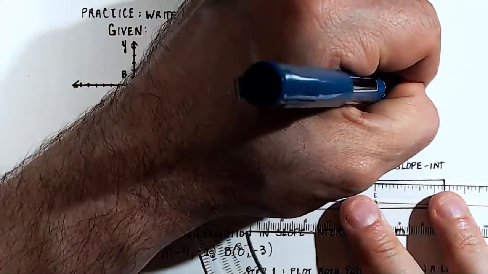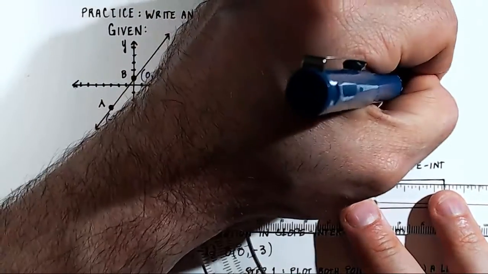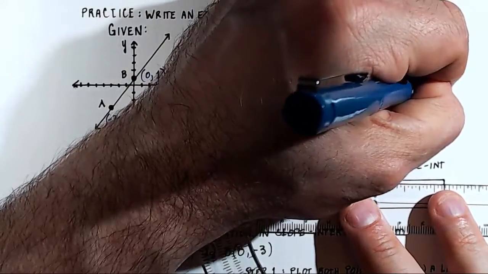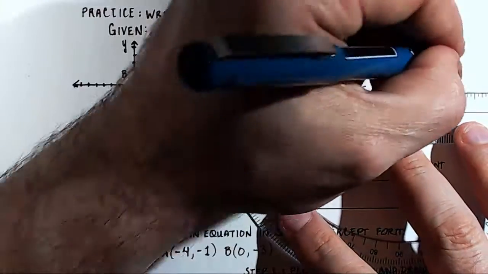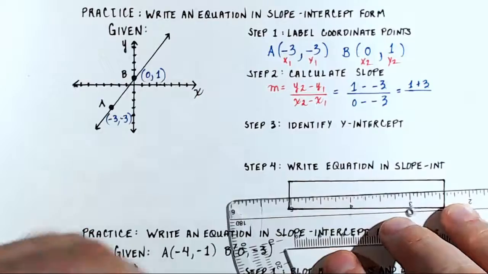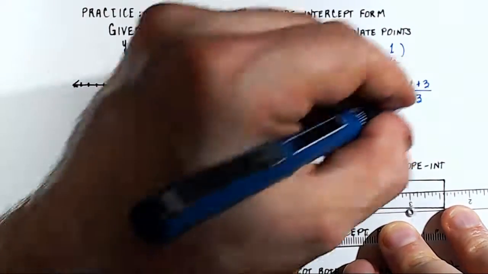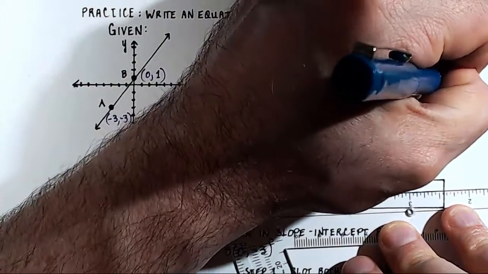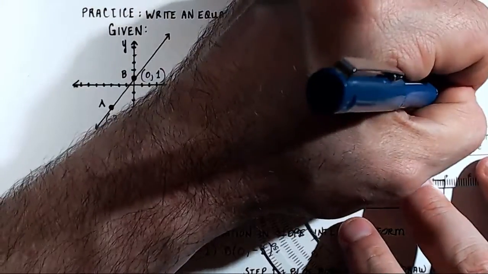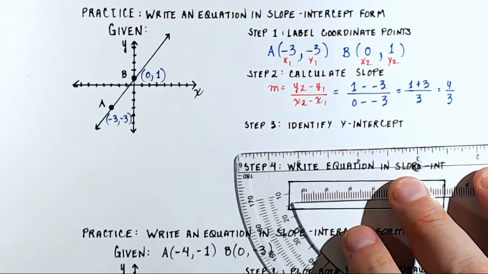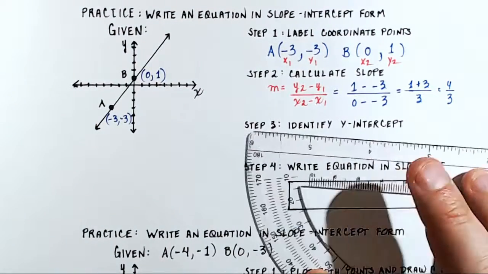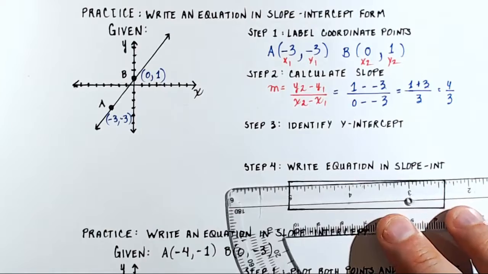So this is equal to 1 plus 3 over 3. Now 1 plus 3 is 4, so this is equal to 4 over 3. So 4/3 is the slope. All right, m equals 4/3.